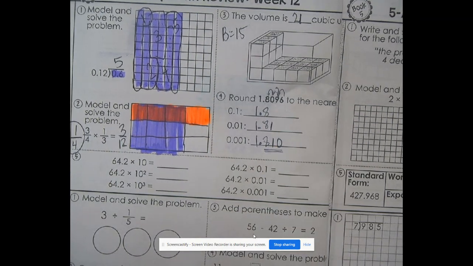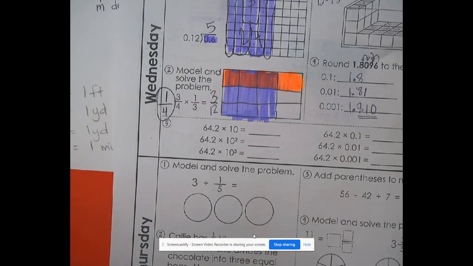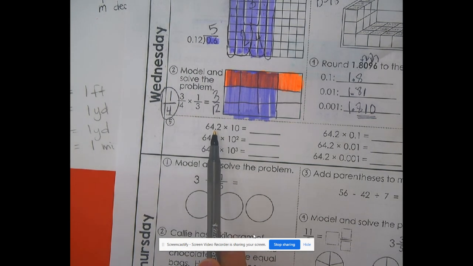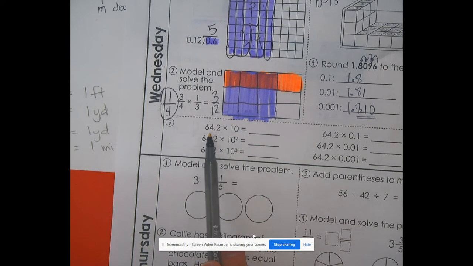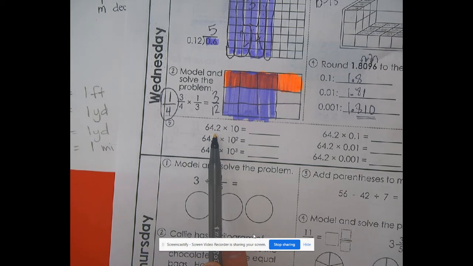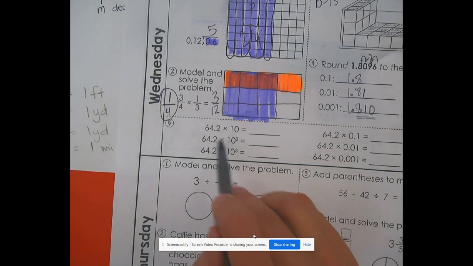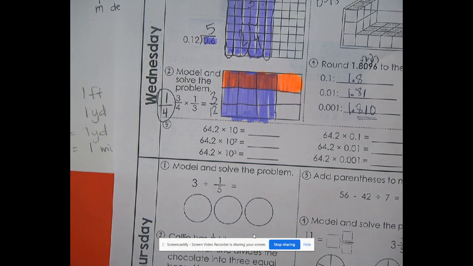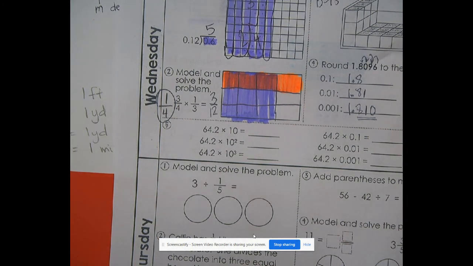Okay. All right. We're multiplying by 10. So is our number going to get larger or smaller? Larger. Well, look at this. We already have a decimal in there. So what is this 10 going to tell us to do with this decimal? Move it, right? Because every time I move it one place value, what am I doing? Multiplying by 10.